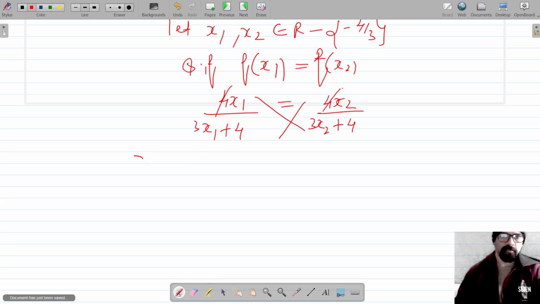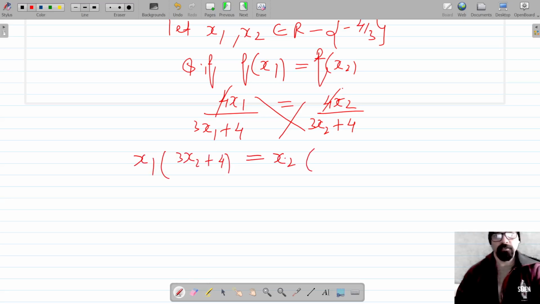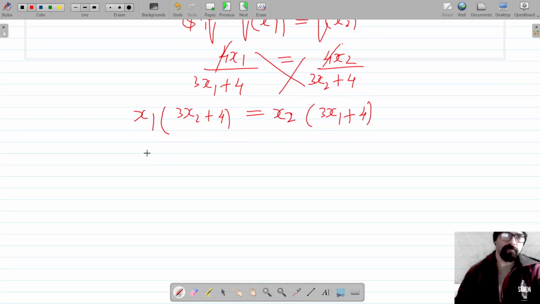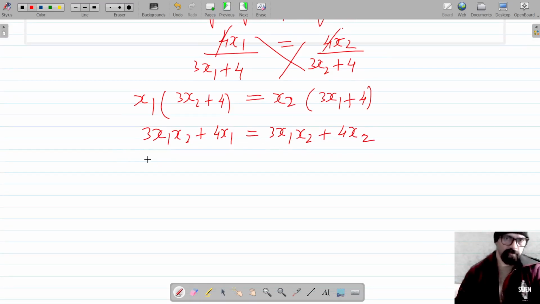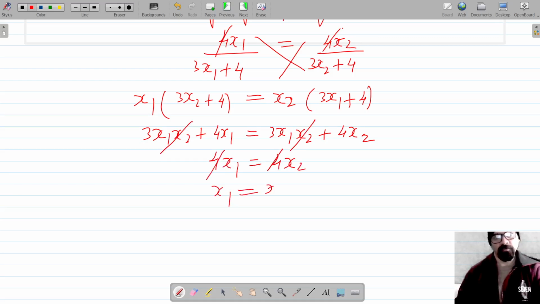So this is x1 into 3x2 plus 4 is equal to x2 into 3x1 plus 4, which gives me 3x1 into x2 plus 4x1 is equal to 3x1 into x2 plus 4x2. Take all these on the left, so this gets cancelled. 4x1 is equal to 4x2, which gives us x1 is equal to x2.